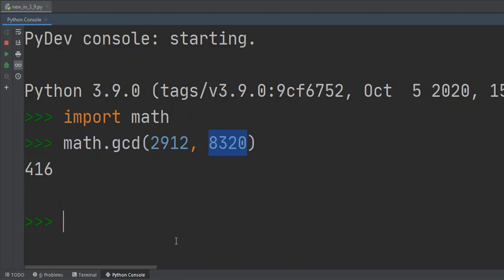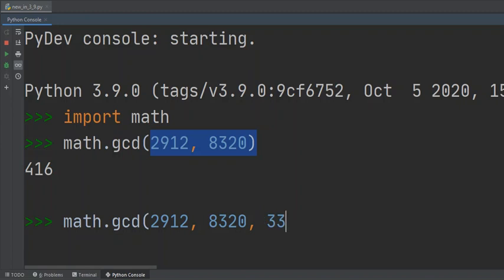Now with Python 3.9, you can actually add as many arguments as you like to this function, and it will still work. So unlike before, now you can do something like this, math.gcd of these 2, and then let's add a third one, 3360.